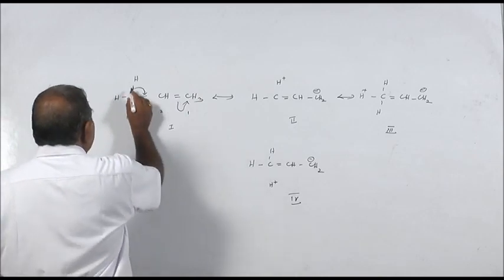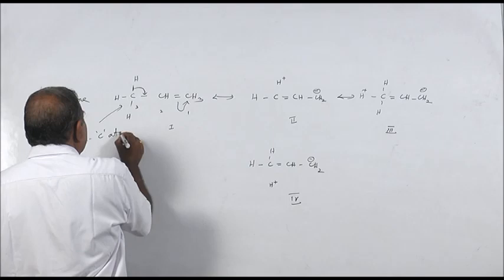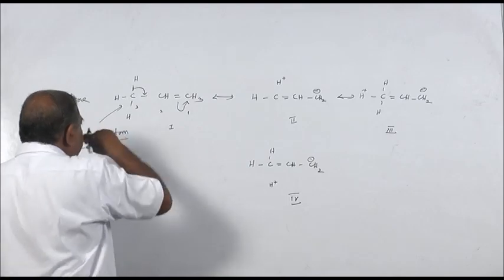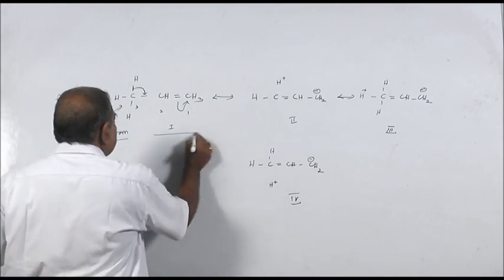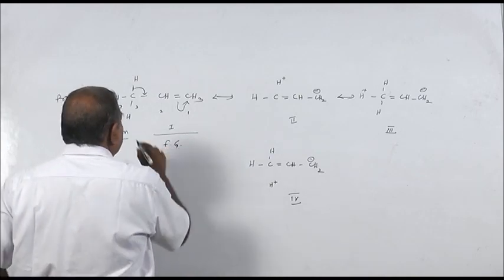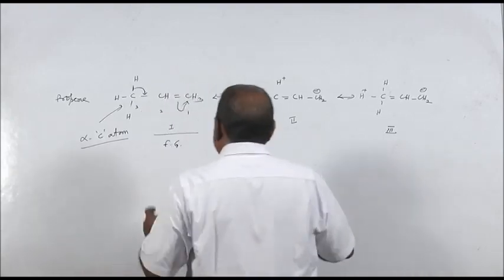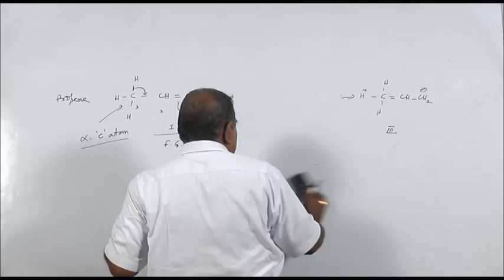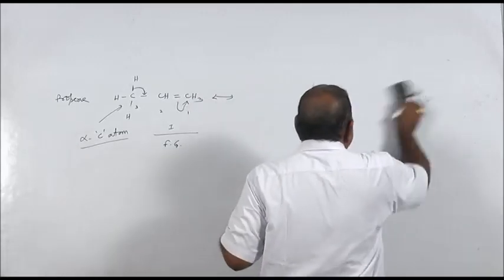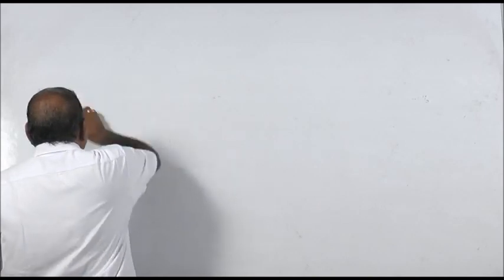This is called your alpha carbon atom, that means the first carbon atom attached to the functional group. The more the number of alpha carbon hydrogen atoms, that means the hydrogen atoms attached to alpha carbon atoms, more will be the hyperconjugated structures, and hence more will be the stability.